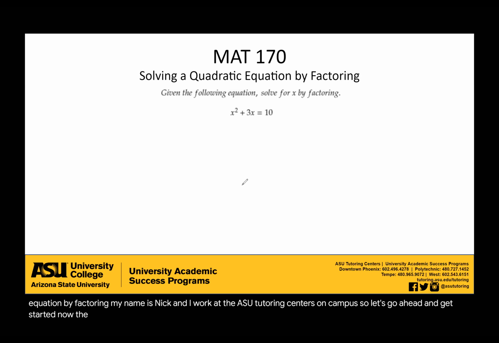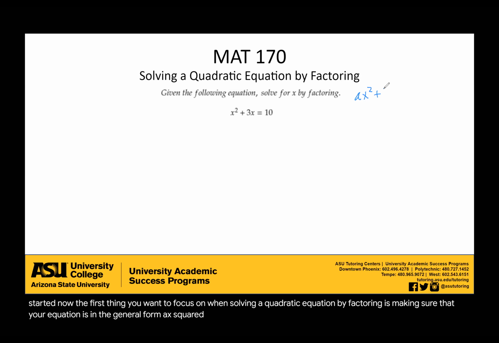Now, the first thing you want to focus on when solving a quadratic equation by factoring is making sure that your equation is in the general form ax squared plus bx plus c equals 0. These letters, the a, the b, and the c, are all what are called constants.